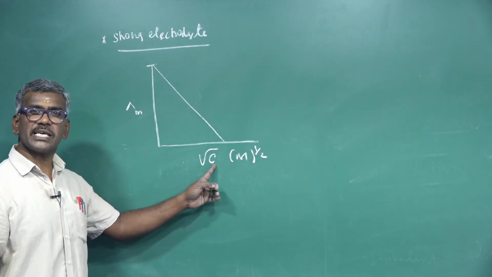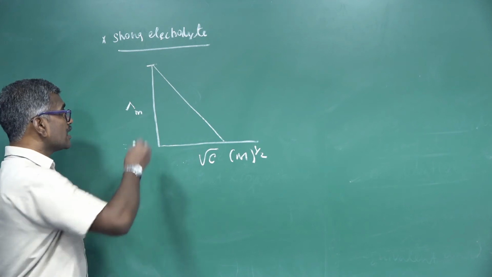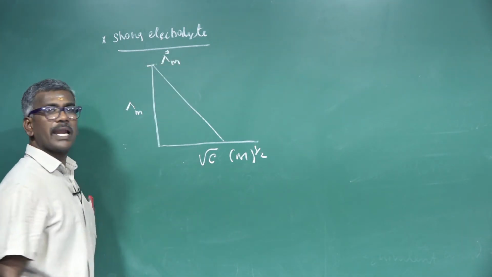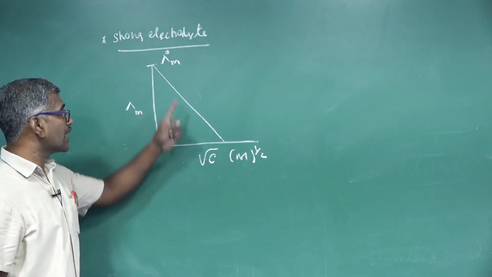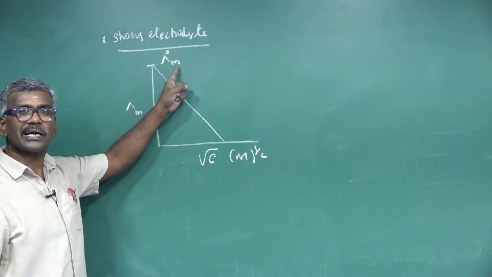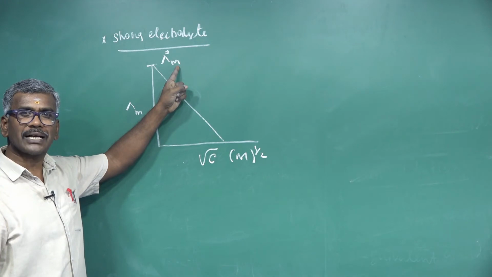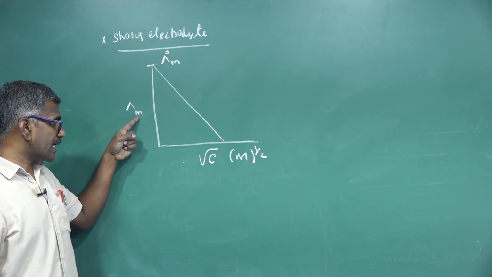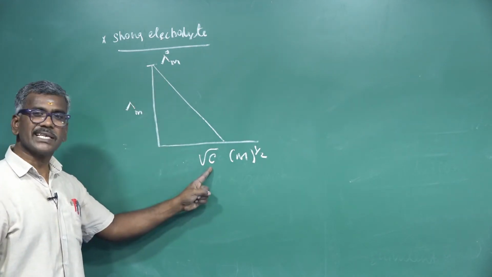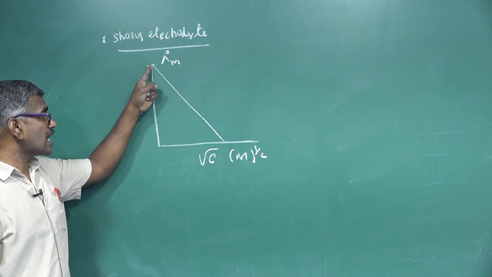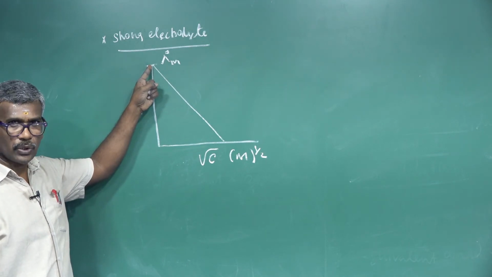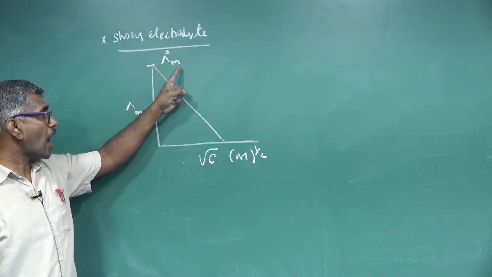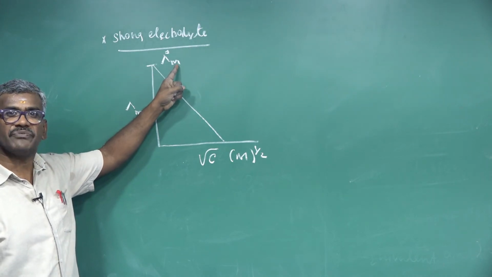If concentration approaches zero, this is lambda m naught, the limiting molar conductance or molar conductance at infinite dilution.